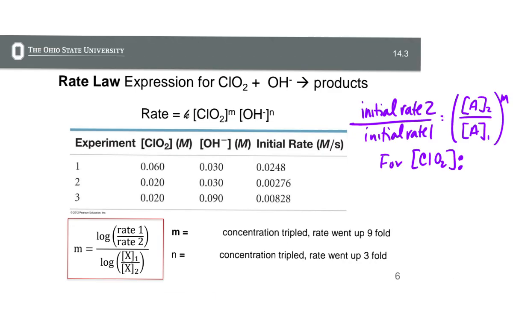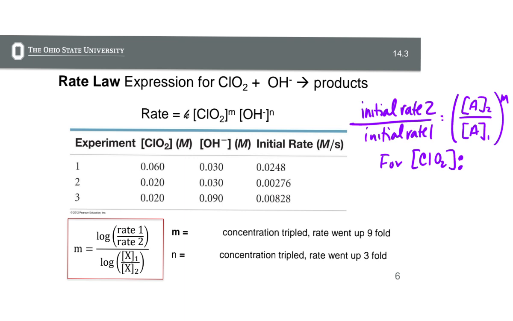The rate law is given by an equation: rate equals the rate constant k times the concentration of the reactants raised to some order. I've given you a few ways of determining the order. You can determine the orders by looking at the rates and the concentrations.